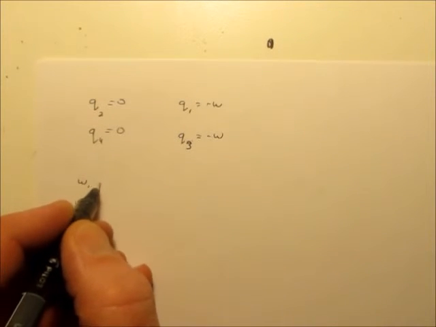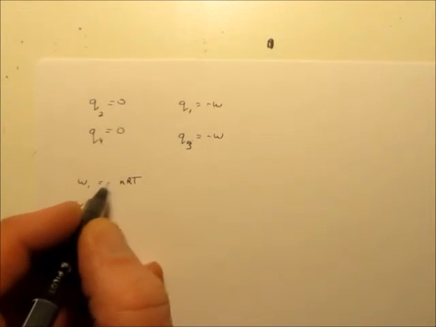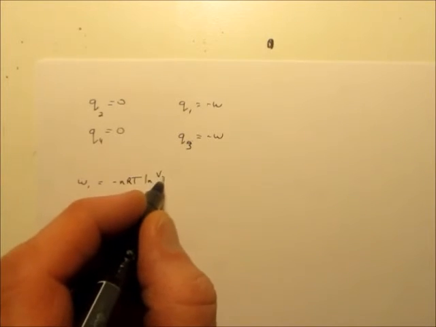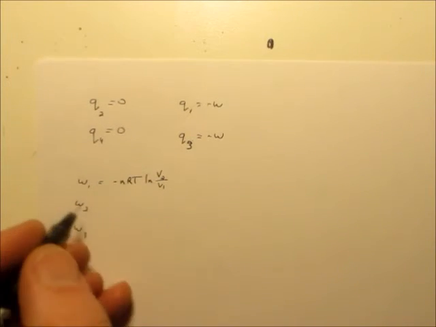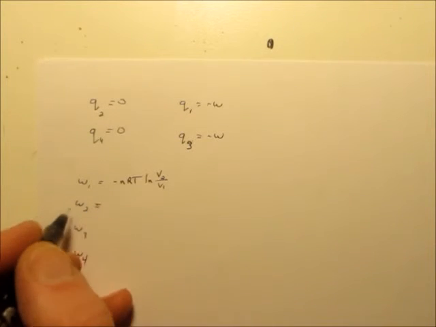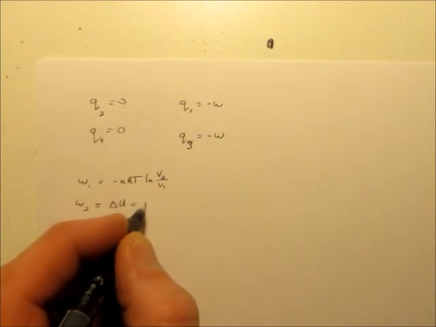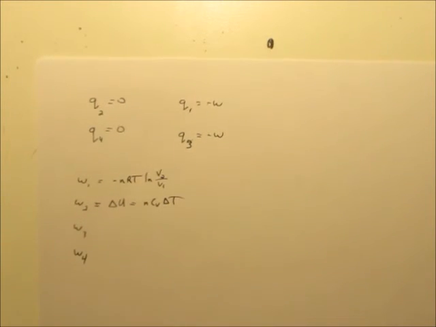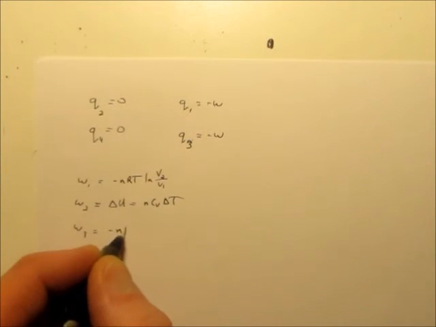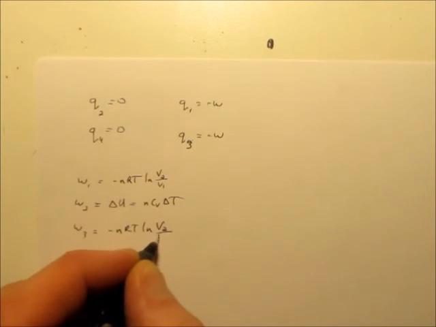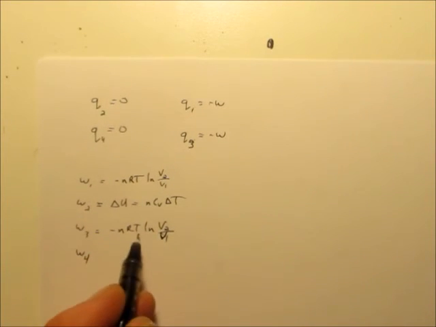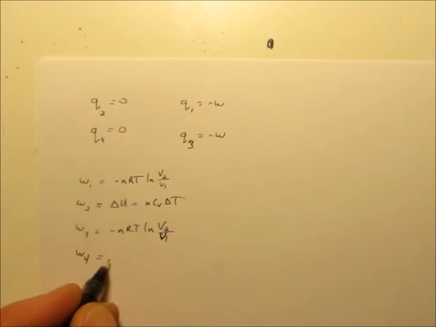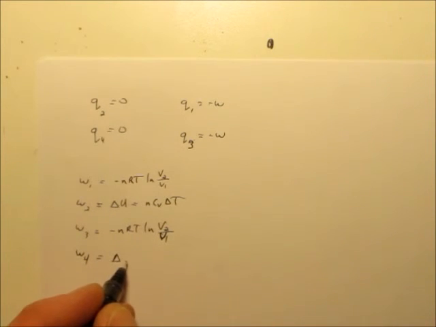Well, for step 1, the generic formula for isothermal reversible work is this one. Step 2 is adiabatic, so we know that it is equal to this. Step 3 is isothermal, so that'll be the formula for that one. And then step 4 is adiabatic, so yes, it'll be nCV delta T. That's how you calculate those ones.